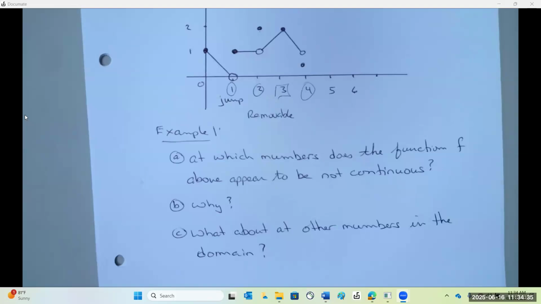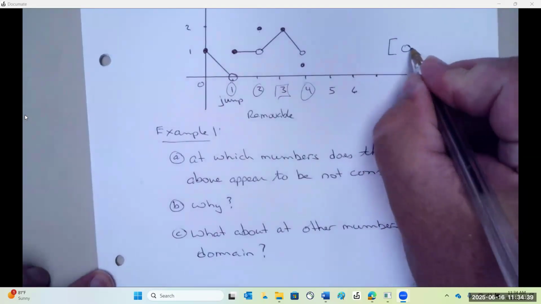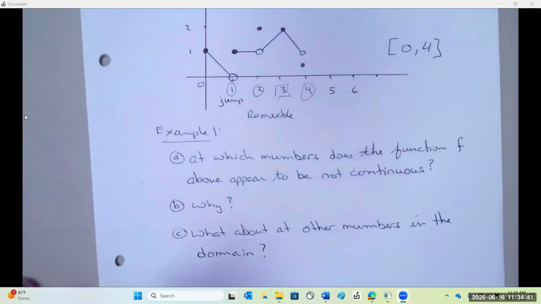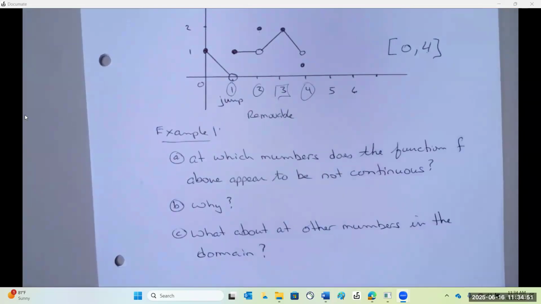Yes. So looking at that, we know our domain is from 0 to 4. Now we look at everything inside there. The endpoints we look at separately, and the interior points, everything between 0 and 4, we look at judiciously as well. So let's look at the first one.